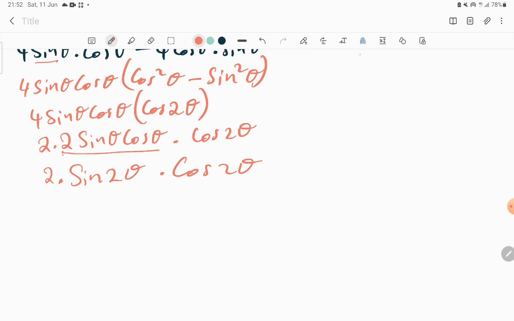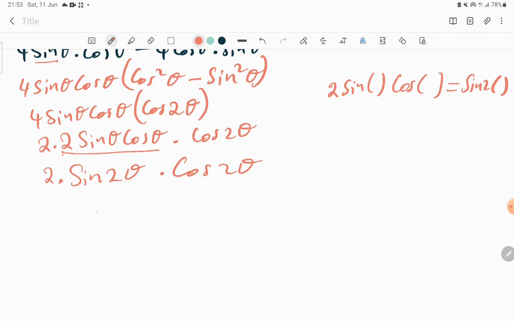Because now we know that for the double angle of sine, 2 sine of an angle cos of an angle is equal to sine 2 of that angle. So which means this is the angle that we're talking about now, and we have 2 sine angle cos angle, which is the double angle of sine.